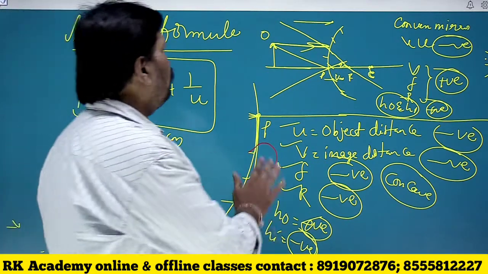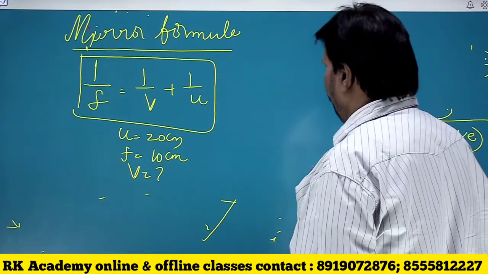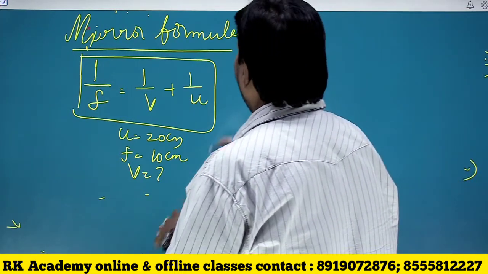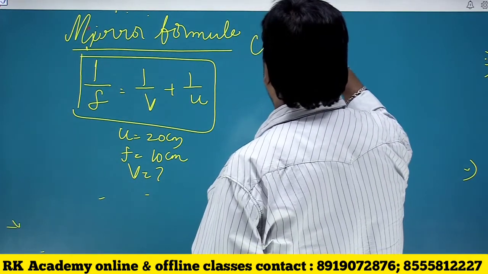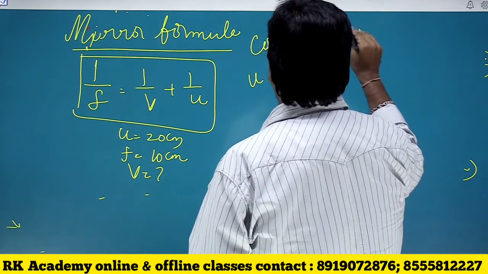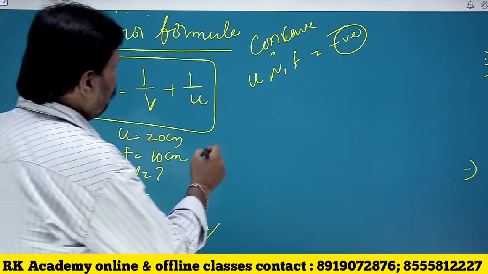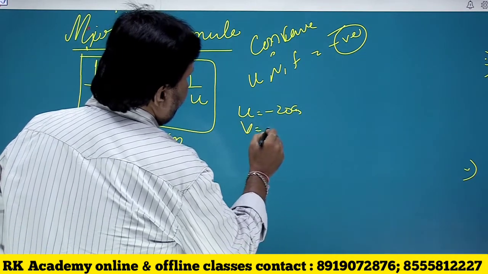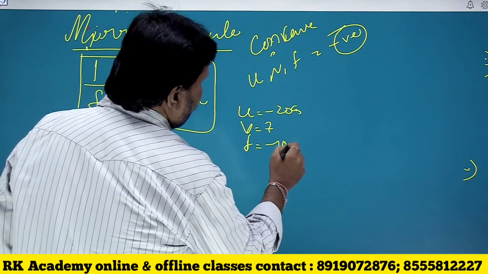You have to find the image distance using this formula. 1 by F is equal to 1 by V plus 1 by U. As it is a concave mirror, U, V, F all are negative. Thereby you have to take U as minus 20, V we don't know of course, and F is to be taken as minus 10.